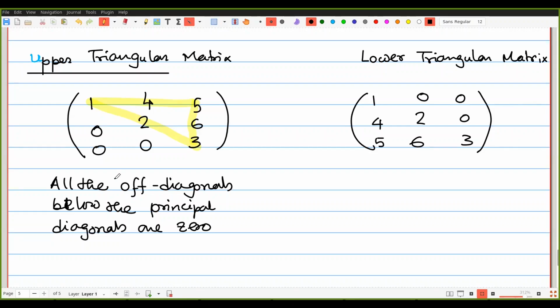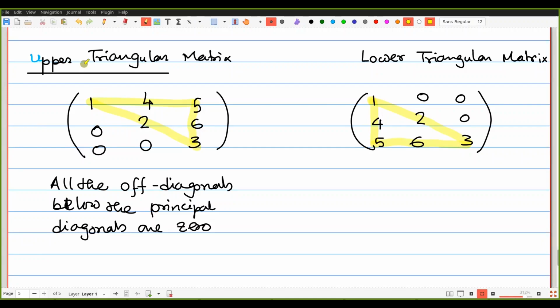Now that is the opposite case for the lower triangular. The principal diagonals are there. So all the off diagonals above the principal diagonal elements are equal to 0. So it is forming a triangle in the below portion. So that is called the lower triangular matrix. Let's check another example.